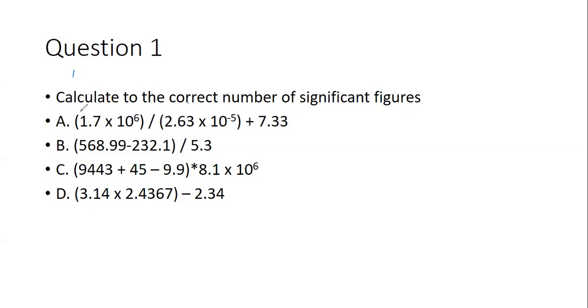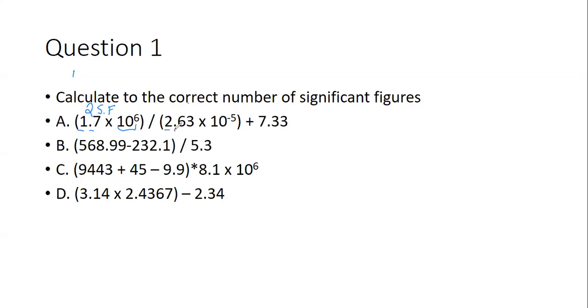So we look at our first number, 1.7. This has 2 sig figs, the 1 and the 7. The times 10 to the 6, you never count that. If something says times 10 to the whatever, you never count those as sig figs. Those are just placeholder numbers. That's just saying this number is really big, but only the 1 and 7 are significant.